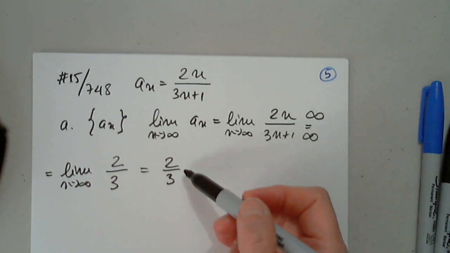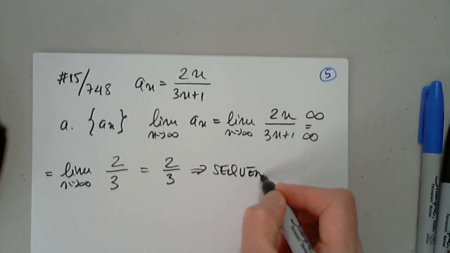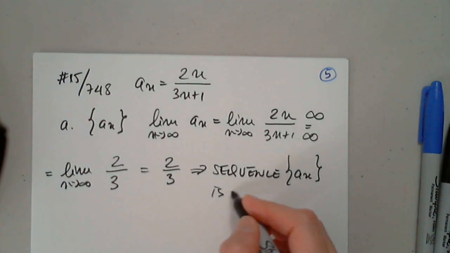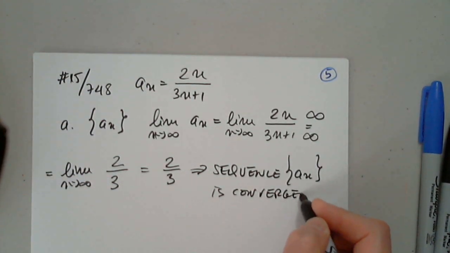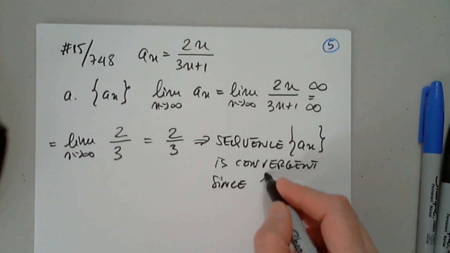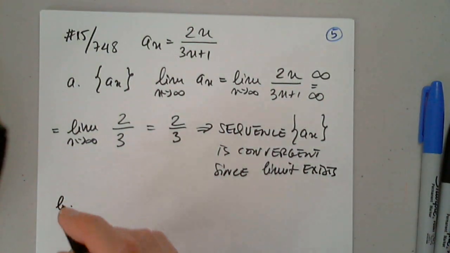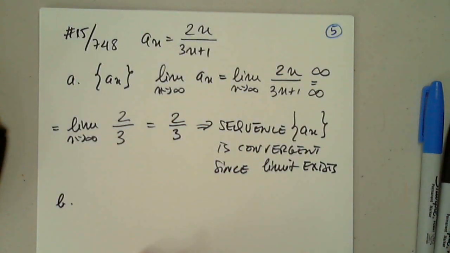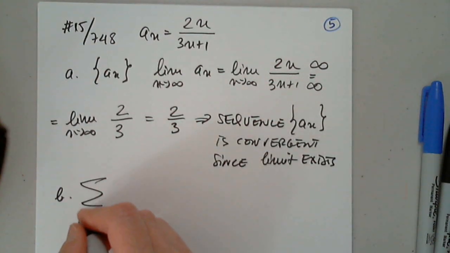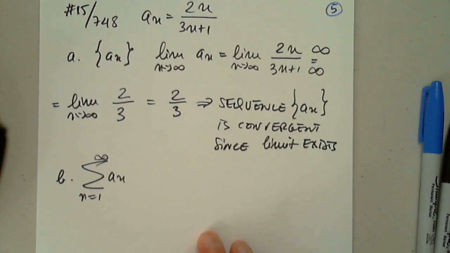Because the limit exists, we say that the sequence is convergent. In part B, however, we are asked to determine whether the infinite series from n equals 1 through infinity of a sub n is convergent or not.